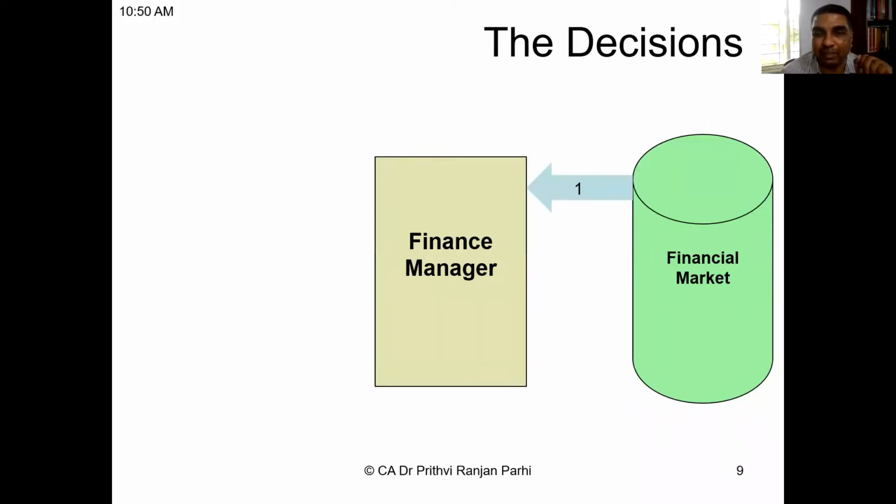This is called the financial market. In the financial market, money is available, and the financial market itself has various components like the money market, the capital market, maybe the derivative market, the commodity market, all of them are components of the financial market, and there are various financial products available in this market.